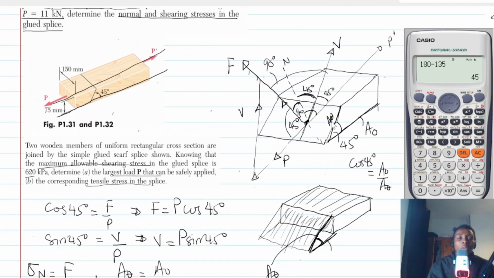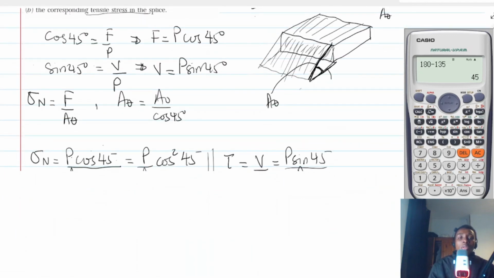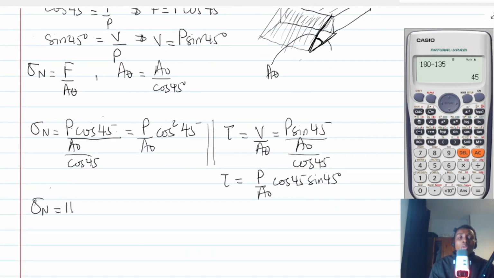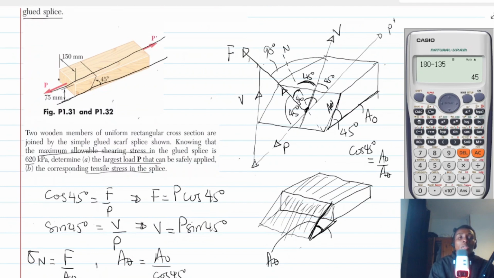Now from here we can clearly see that our normal stress will be P over A naught cosine squared 45. By the way, P is 11 kilonewton, so 11 multiplied by 10 to the power 3 divided by A naught. What is A naught? A naught is 75 by 150.